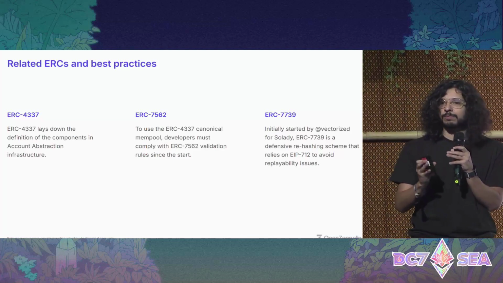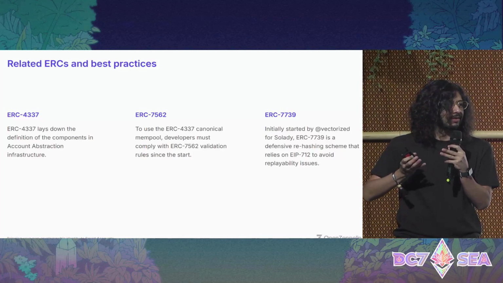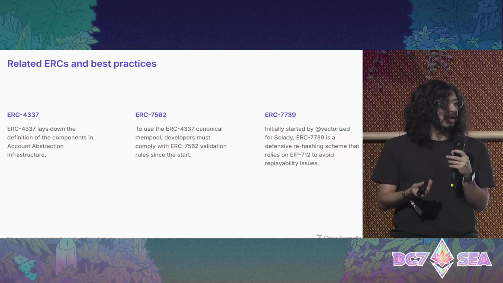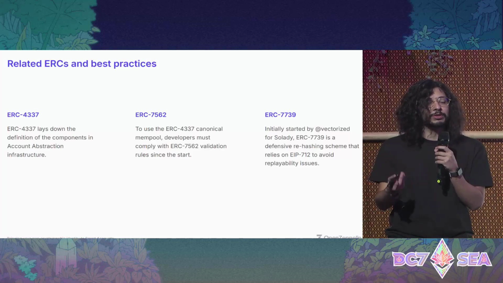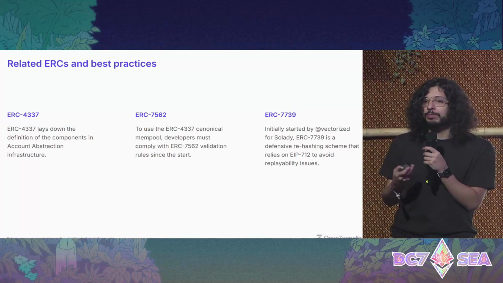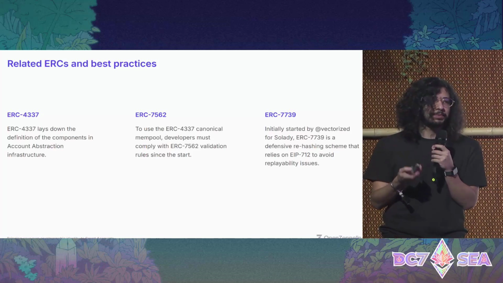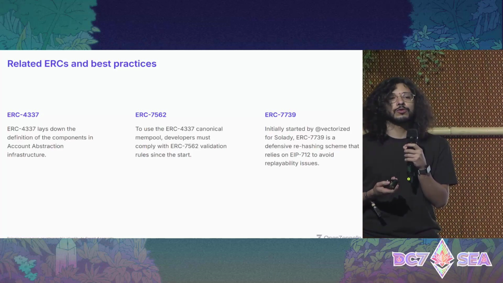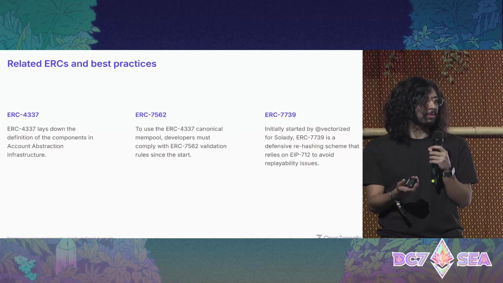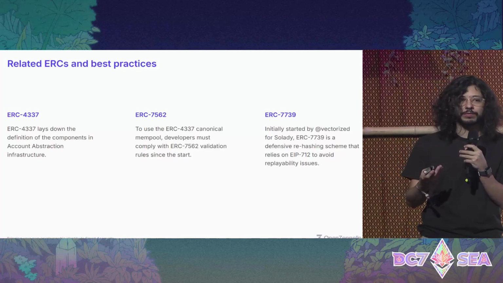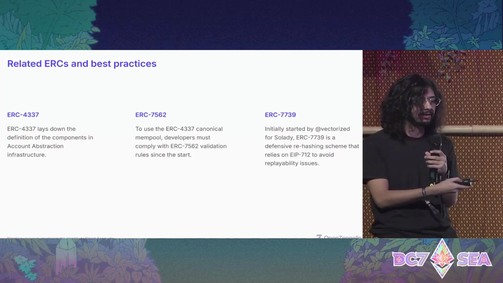Because there are some setups in which you can create an account, and basically you are violating some storage validation rules. Otherwise you wouldn't be able to use the decentralized peer-to-peer network to process user operations. You can still use a private bundler, that would be fine, but ideally we would like to have an implementation that works out of the box with the decentralized network.